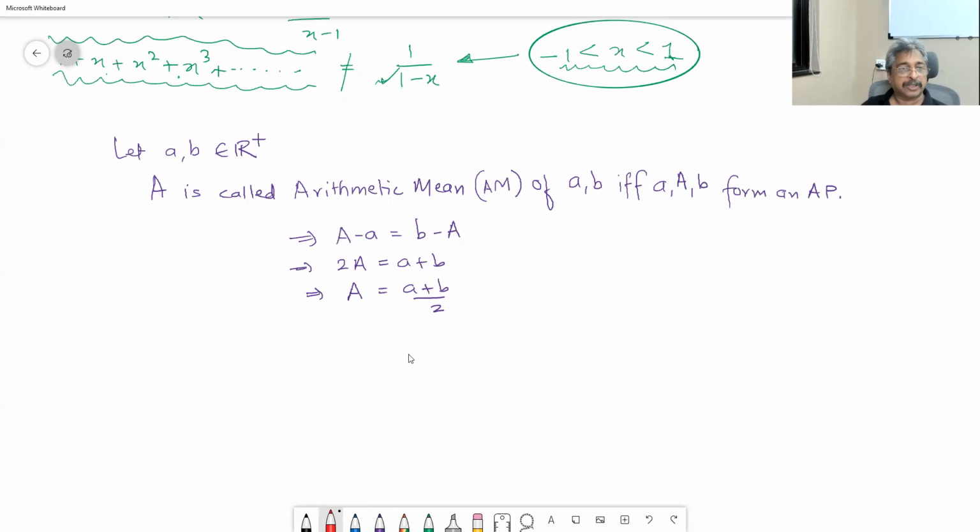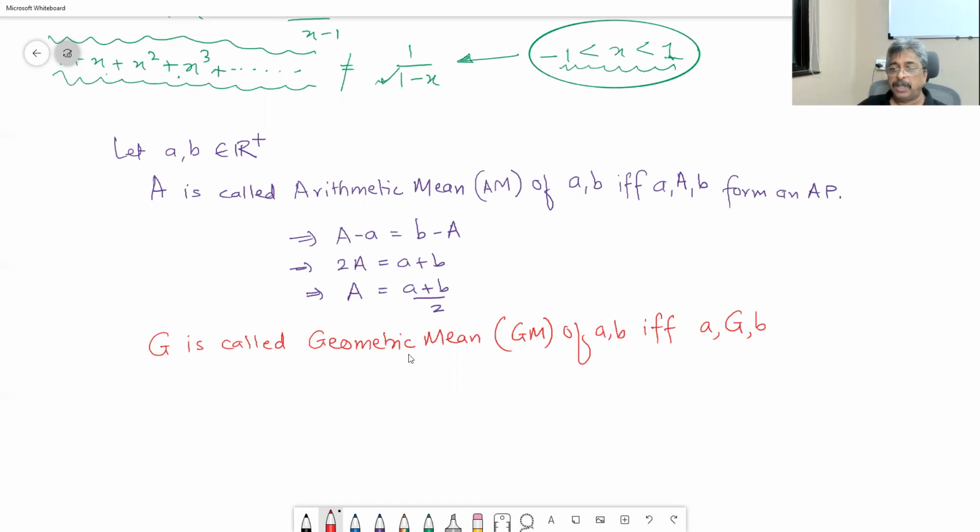Okay. Next. G is called the geometric mean, GM of a, b, if and only if a, G, b form a GP, which means G upon a is equal to b upon G, which implies G square is equal to ab, or G is equal to radical ab.